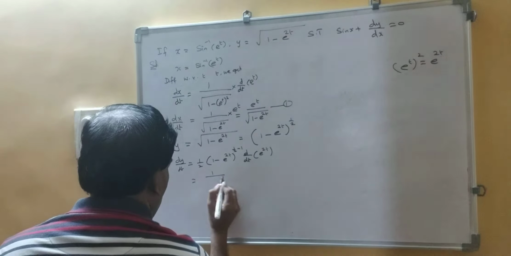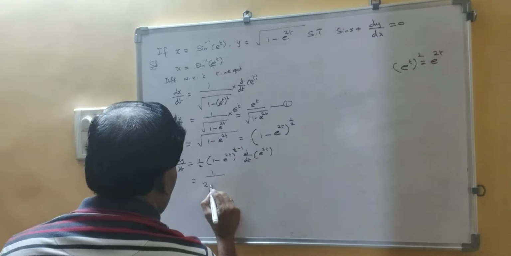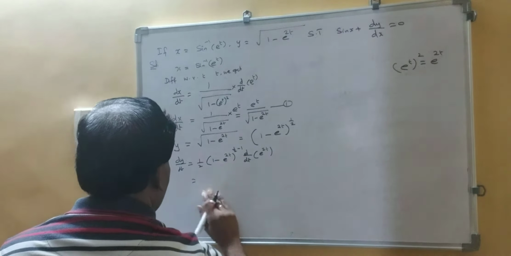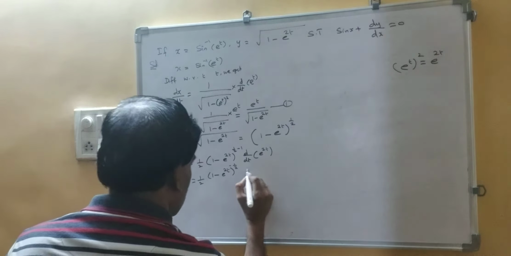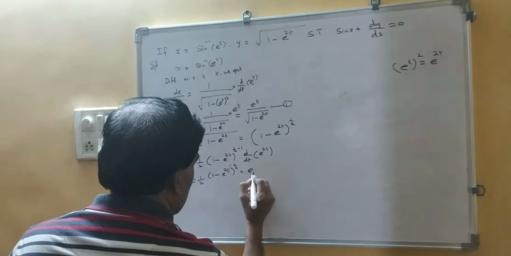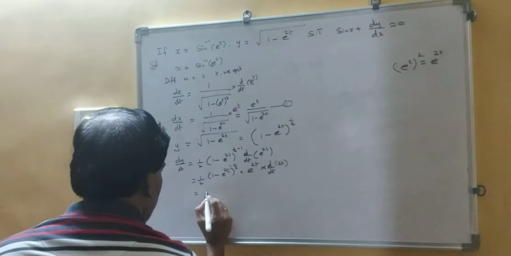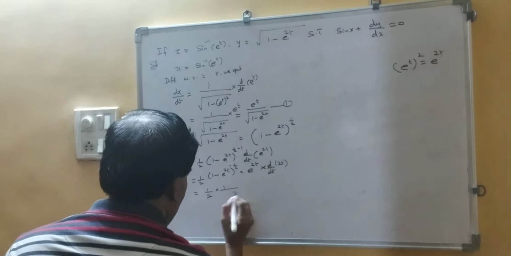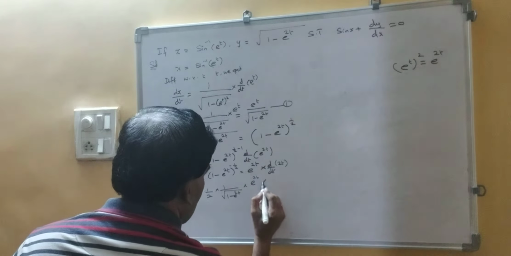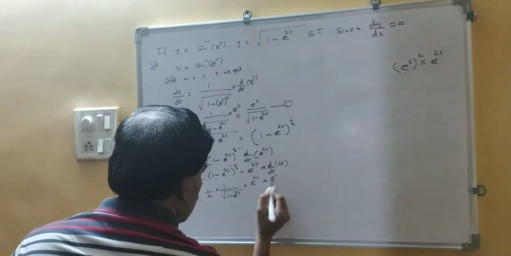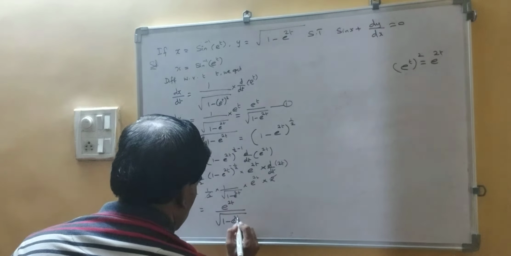So it is 1 upon 2 into 1 upon square root of 1 minus e raised to 2t, into e raised to 2t into 2. The 2s cancel. So you have got e raised to 2t upon square root of 1 minus e raised to 2t.